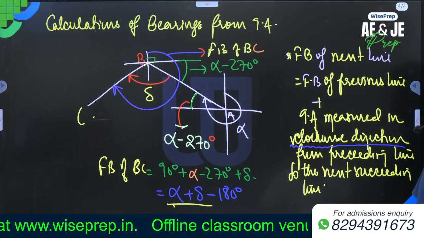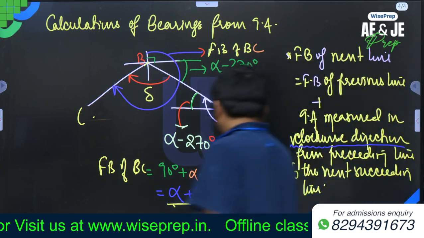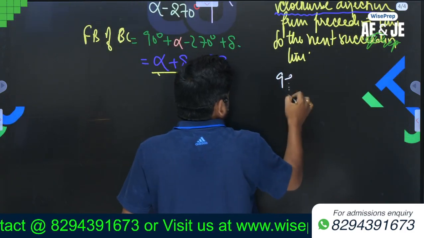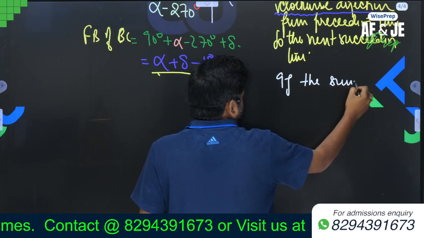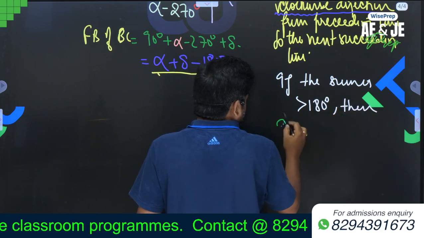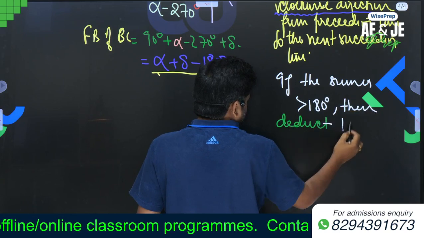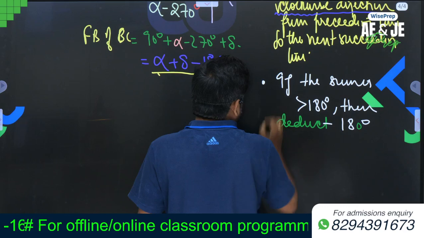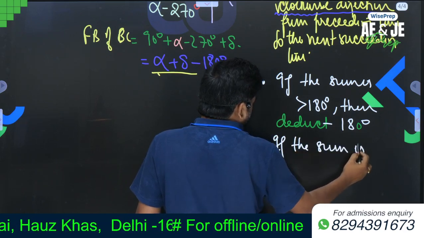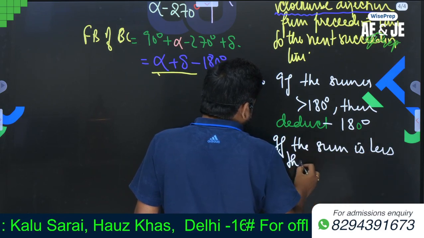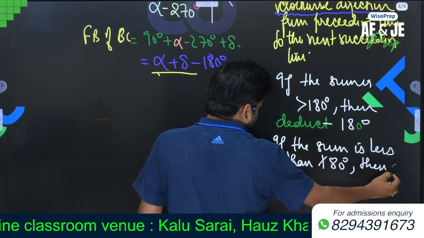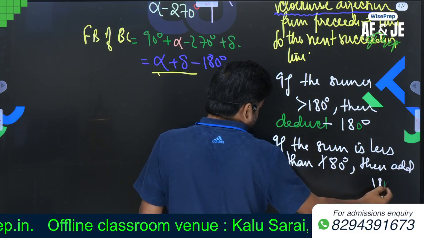All right. And if the sum is greater than 180 degree, then deduct 180 degree. If the sum is less than 180 degree, then add 180 degree.